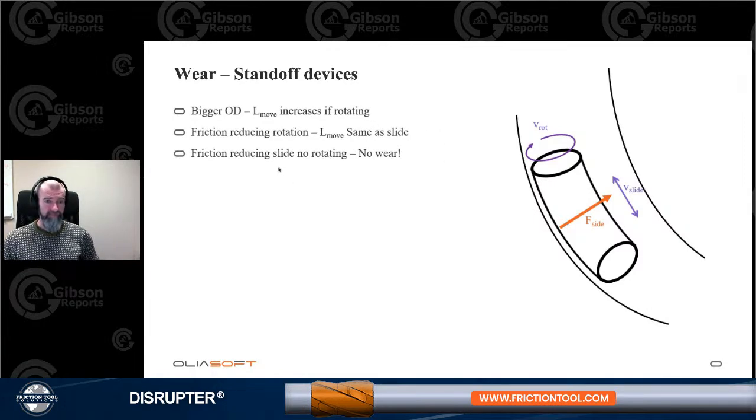So if it was equipped with friction reducing elements, both in the sliding axial direction and also in the rotational direction, obviously there would be no wear for that component at all. So there are some benefits, but there are some things that one also needs to keep in mind, that it will have an impact on the wear of the casing.